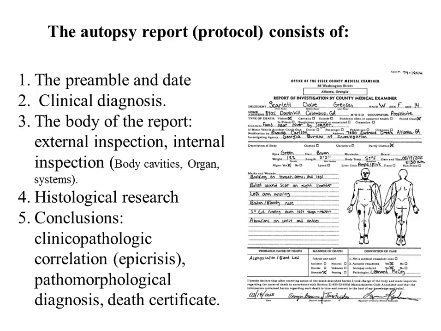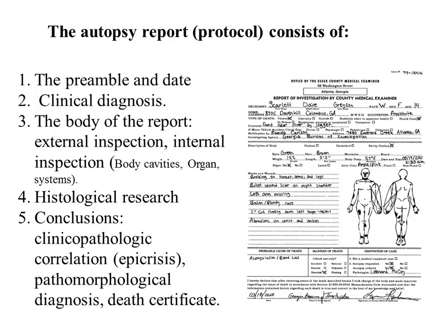First of all, it includes a preamble with a date. Preamble is the name of the dead person, race, sex, age, home address, occupation, etc. Then, final clinical diagnosis. After that, the body of the report includes external inspection and internal inspection, like we talked about before.